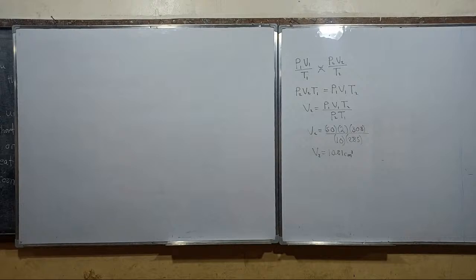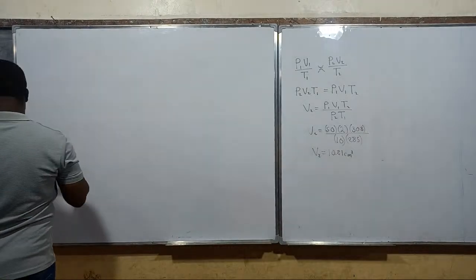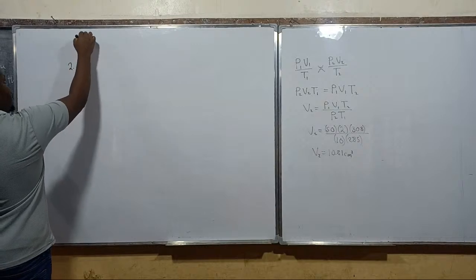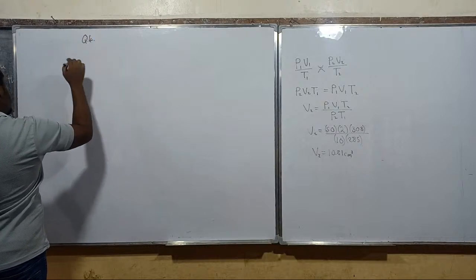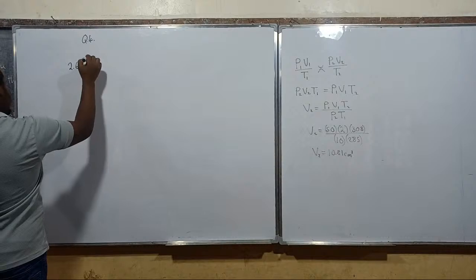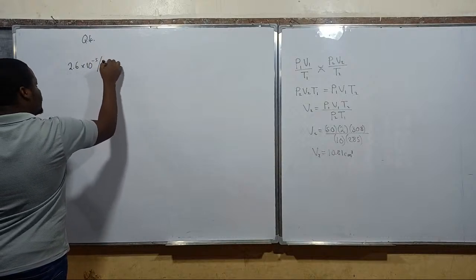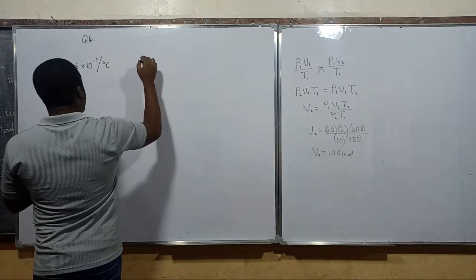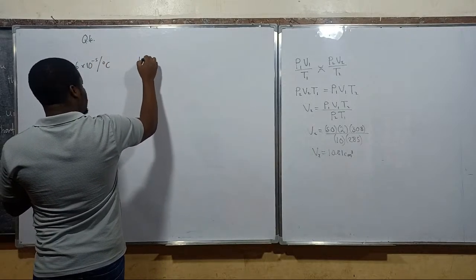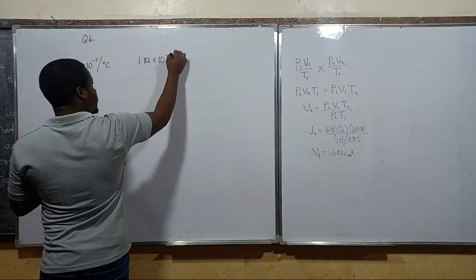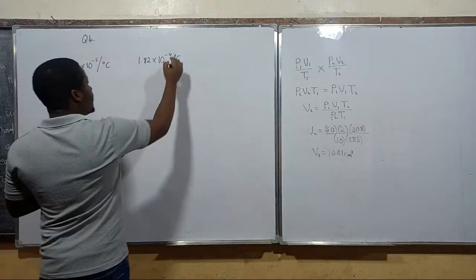If the volume expansion coefficients of the glass and mercury are, okay, so this is what we have. We have been given 2.6 times 10 to the power negative 5 per degree Celsius. Also, we've been given 1.82 times 10 to the power negative 4 per degree Celsius as well.